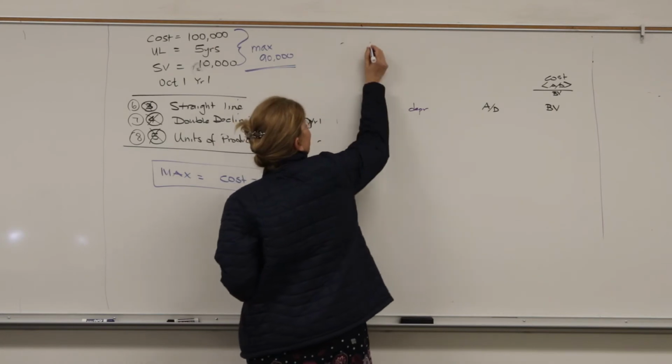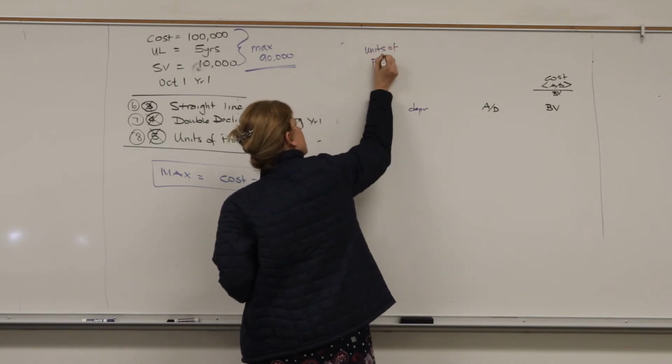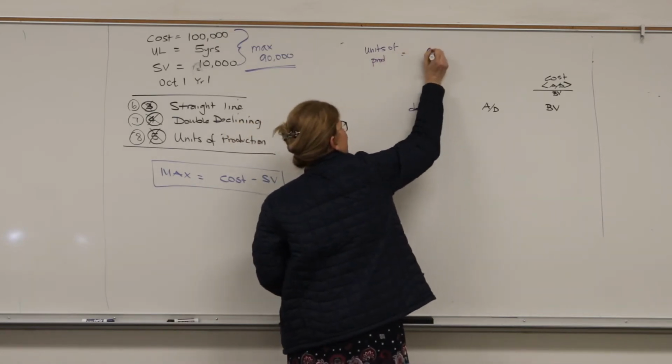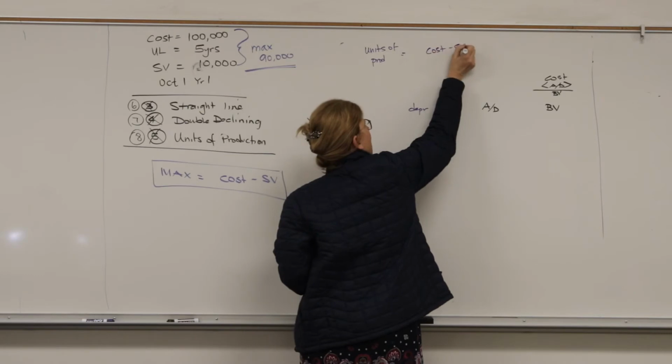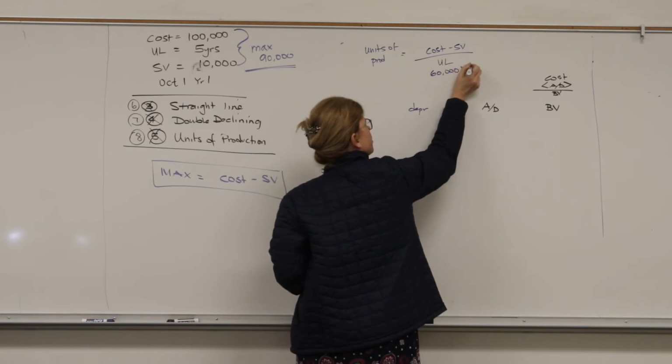So, units of activity, units of production. To get the depreciation per unit, I'm going to take cost minus salvage value over useful life. But now we decided useful life for us was machine hours, if we remember.